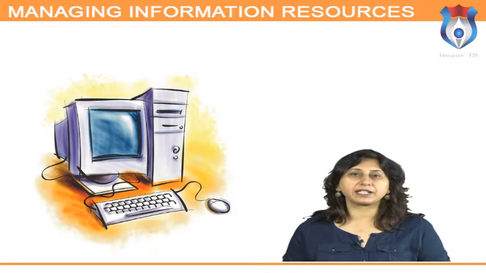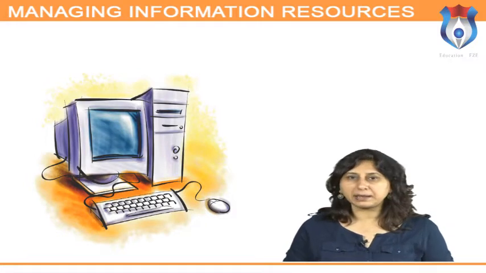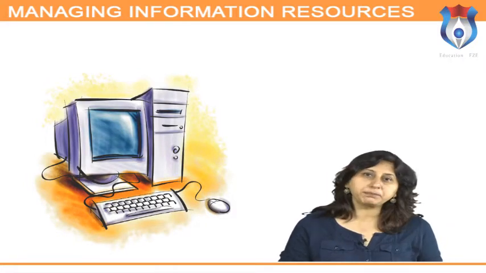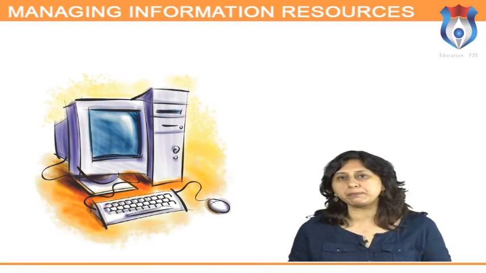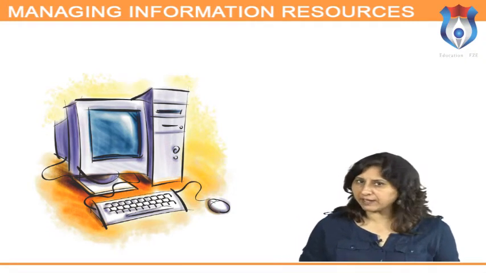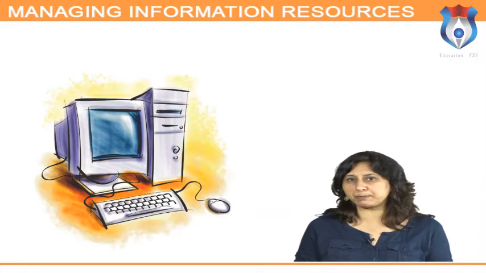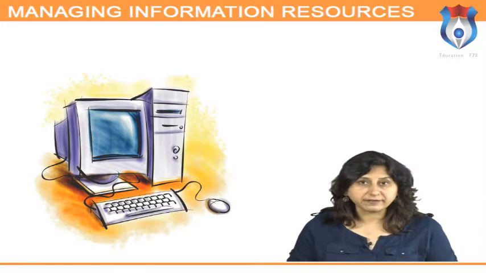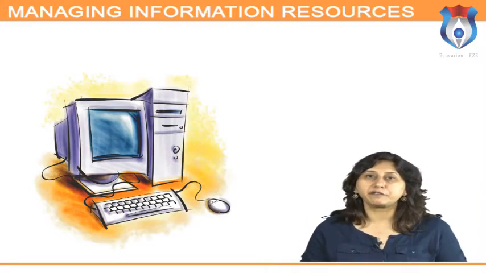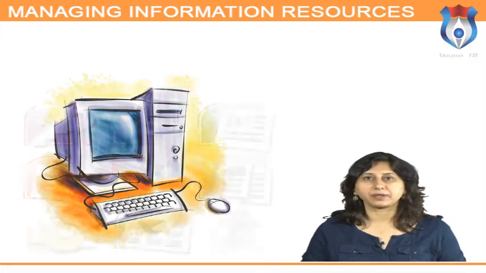Computer hardware includes the system unit, peripheral devices, input devices that is keyboard, mouse, etc., output devices that is display unit, printer, etc., storage devices like hard disk, floppy disks, etc.